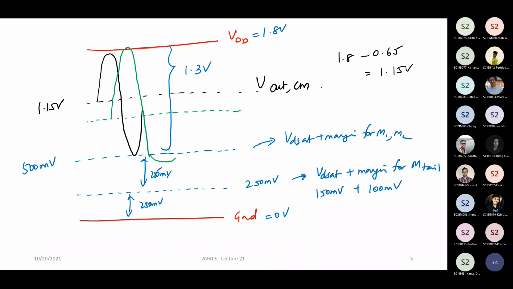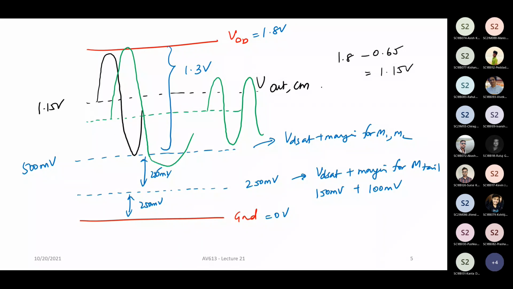So you have some margin built in, but then some crunching starts happening, some non-linearity starts happening, and you start seeing some distortion. Got it? So basically your signal swing is limited to only this much, if you want no distortion.